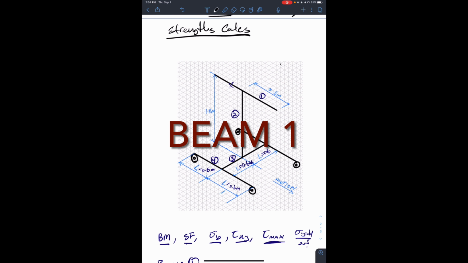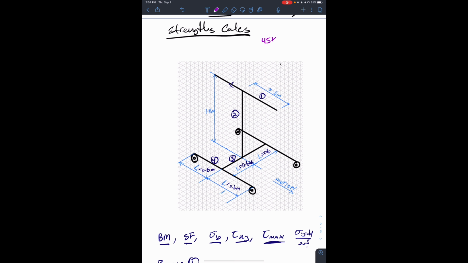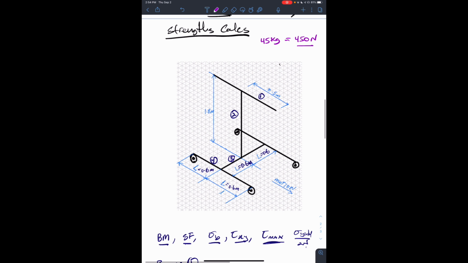So beam 1, what we are assuming here is that from the design requirements, it must be able to transport 45 kilograms, which is around 450 newtons. Right, so we are assuming here now that, of course, we can't say all the load is at one end.